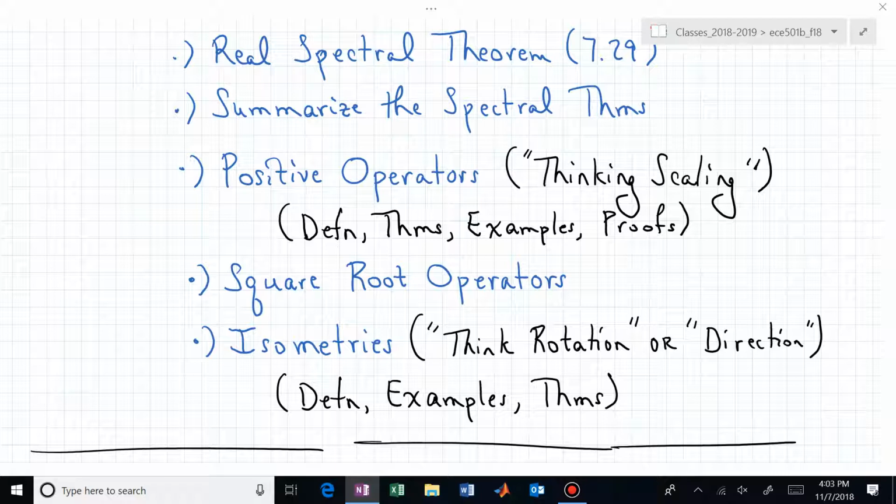And in addition to thinking about scaling operators, we can also have isometries. And isometries, think rotation.